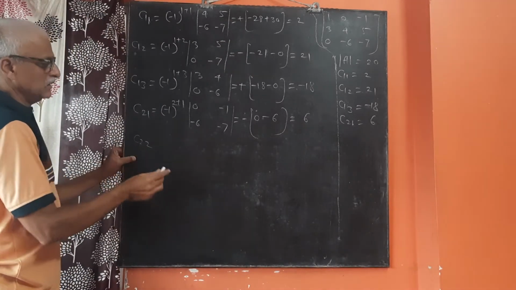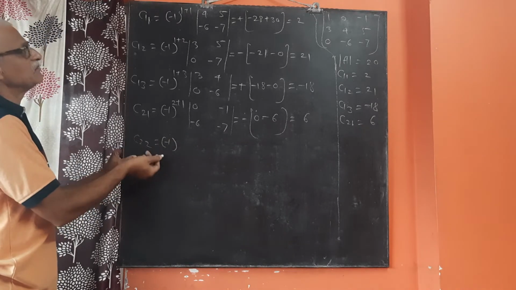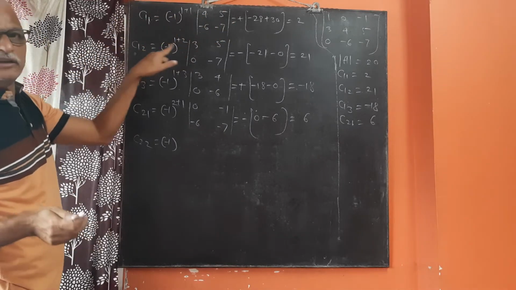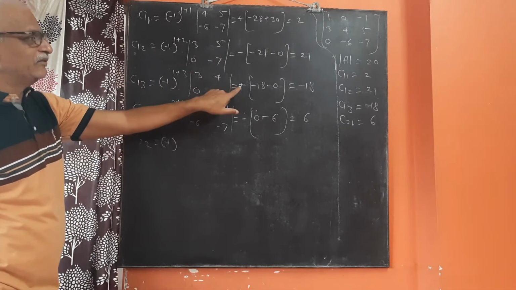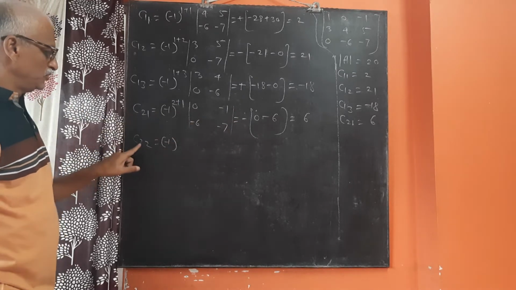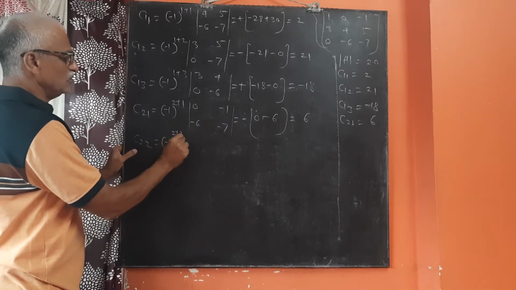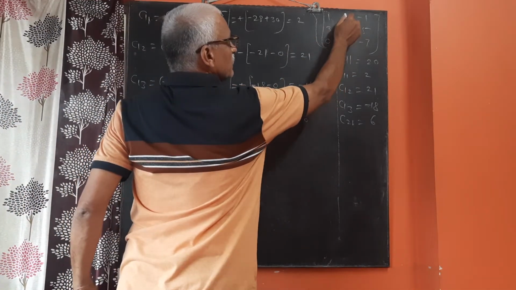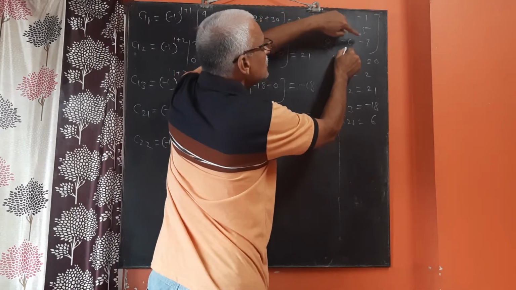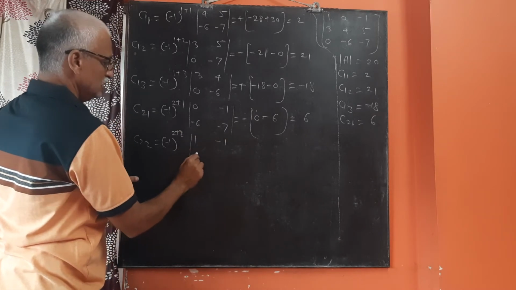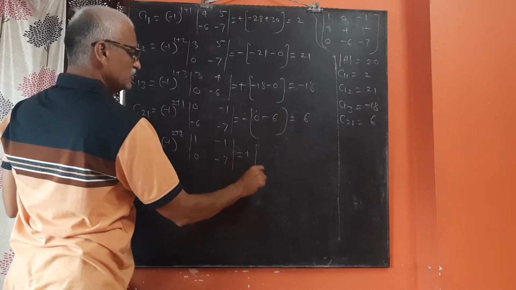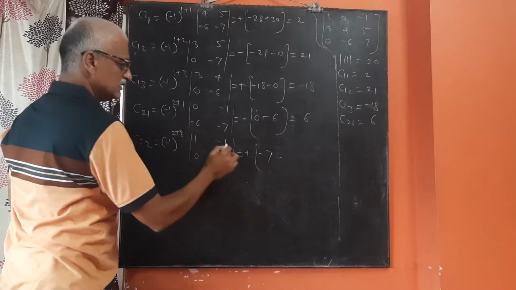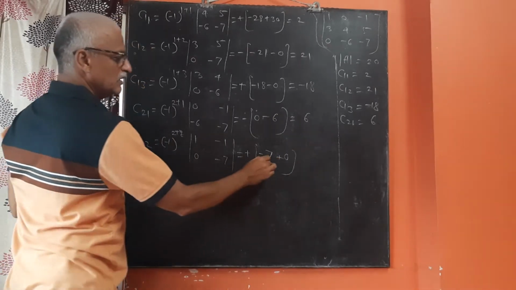Then comes C22, equal to minus 1 raised to 2 plus 2, that is 4. Here you should understand: 1 plus 1 is 2, an even number, so positive; 1 plus 2 is 3, an odd number, so negative sign; 1 plus 3 is 4, even; 2 plus 1 is odd, so negative; 2 plus 2 is 4, so positive. Minus 1 raised to 2 plus 2 into the determinant of 2 2, meaning this position, so the second row and this column are removed, and what remains is 1, minus 1, 0, minus 7. This is positive: 1 into minus 7 is minus 7, minus minus 1 into 0 is plus 0, so it equals minus 7.